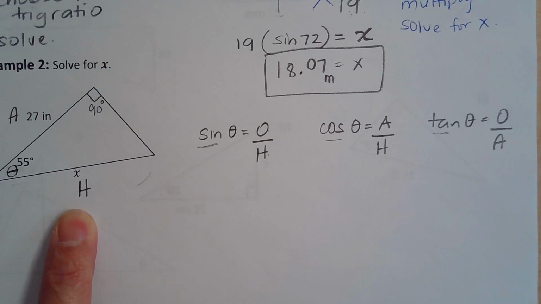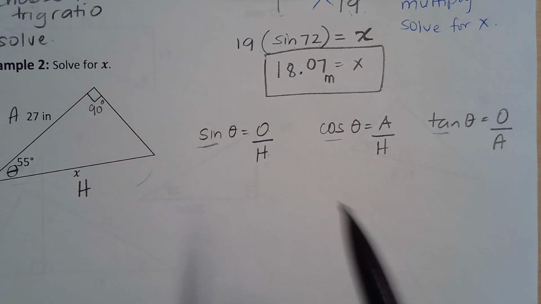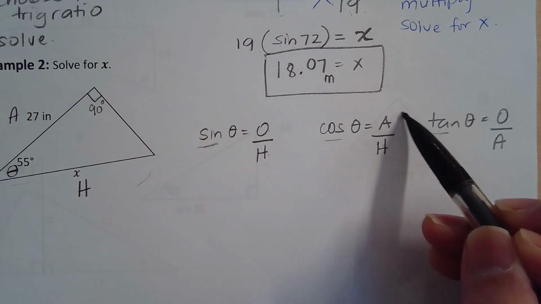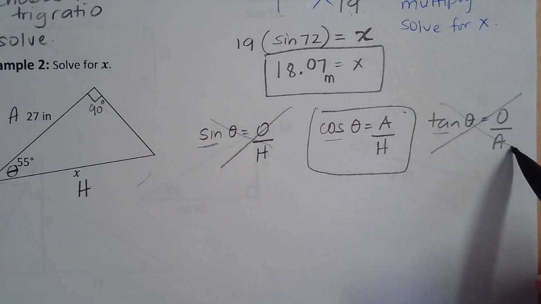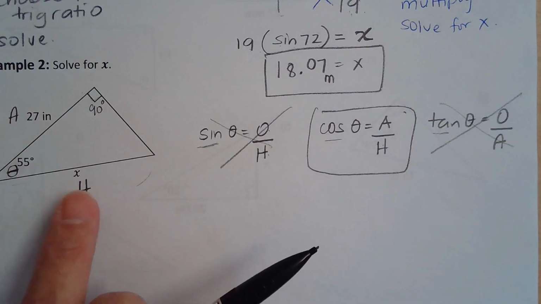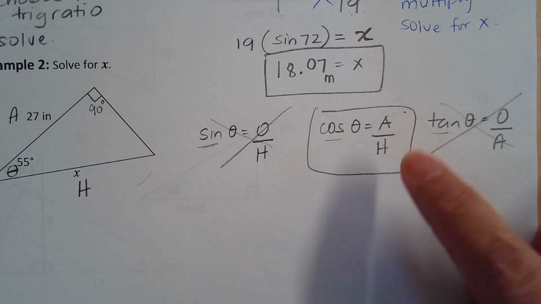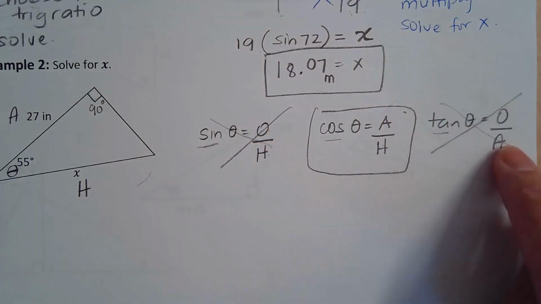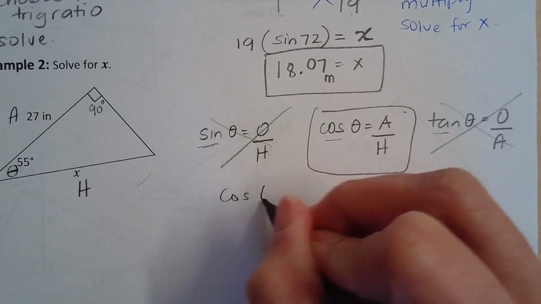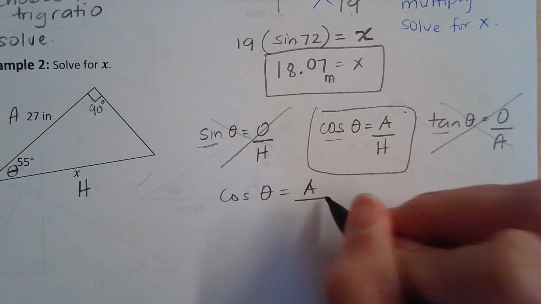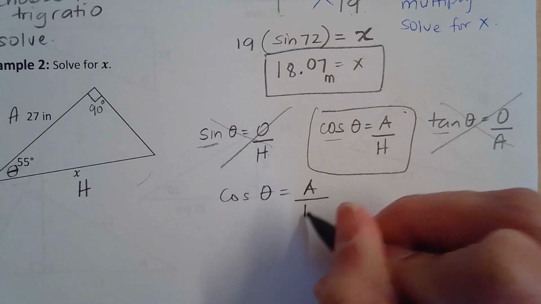Adjacent and hypotenuse. Cos, right? So it has an A and H. We're going to use this one. Not this one, not this one. Has to be A and H. This one is no, this one is no. So we're going to use this formula. Cos theta equals adjacent over hypotenuse.